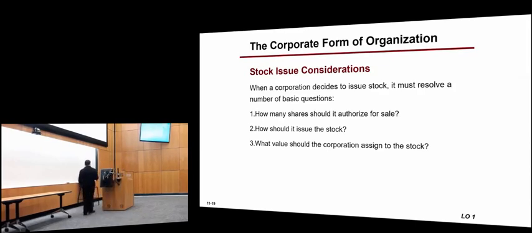Now, stock issue consideration. When a corporation decides to issue stocks, they have to take into consideration several things. First of all, how many stocks are they going to authorize to issue?